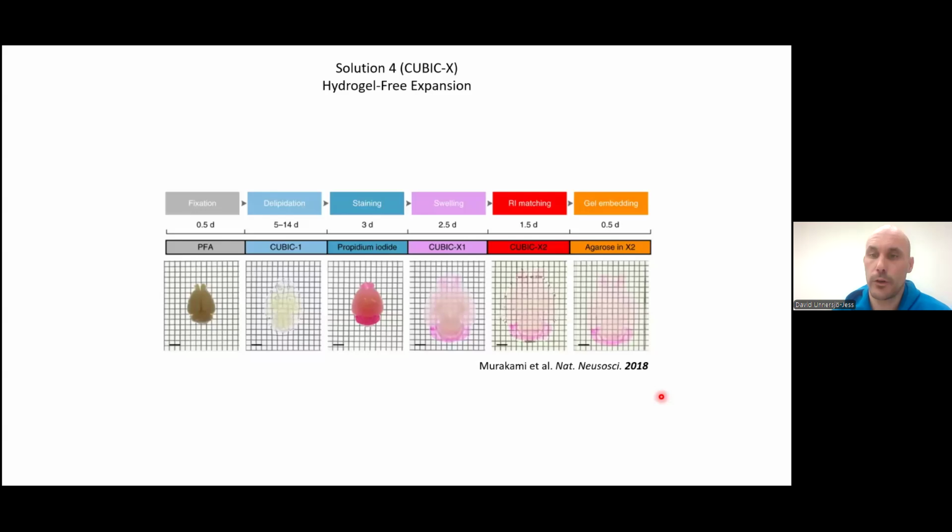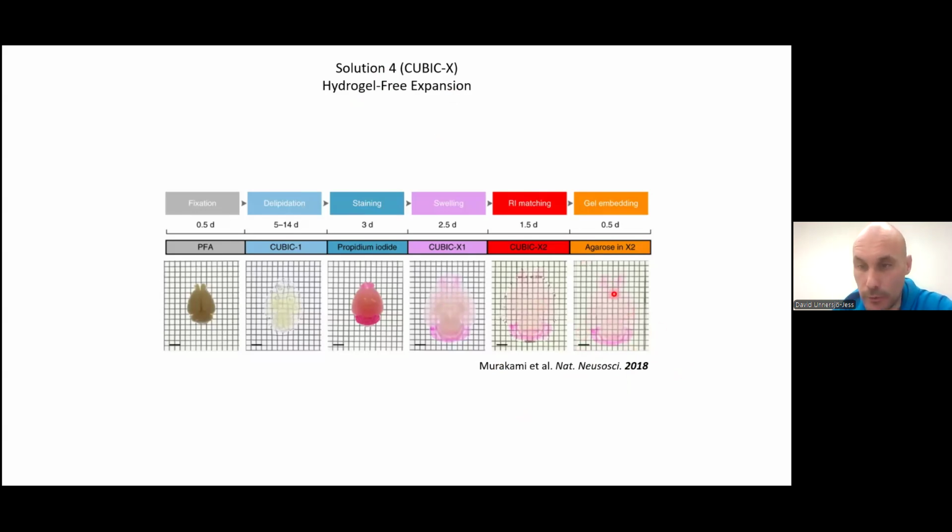Then there is a fourth solution. So this is actually hydrogel-free expansion. So it turns out that the tissue itself behaves like a hydrogel, meaning that it will shrink or swell depending on what solution you put it in. And then in this publication, they went through hundreds of different chemicals and just screened which rendered the sample most swelled.